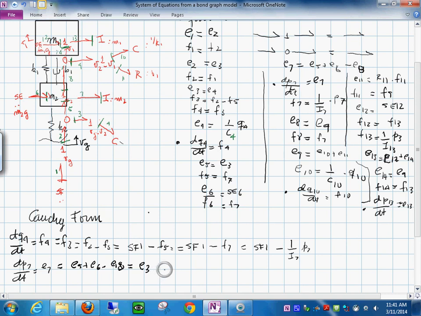So it's e sub 3, and then what do we have, plus e sub 6 is se6, and then what do we have with e8 is e sub 9.